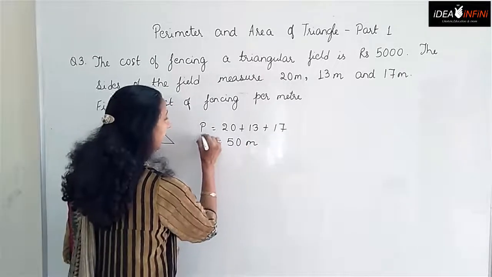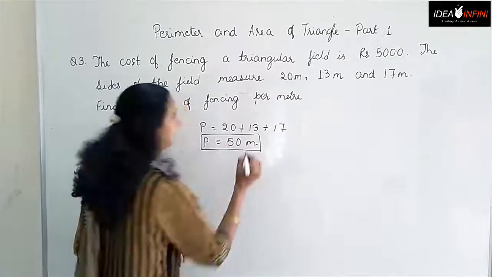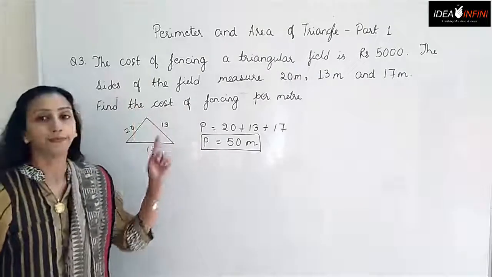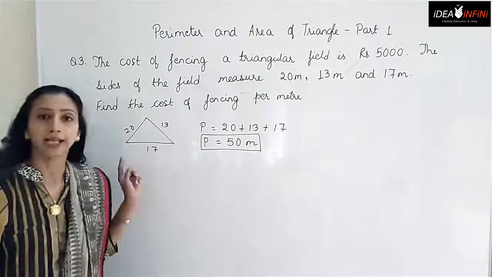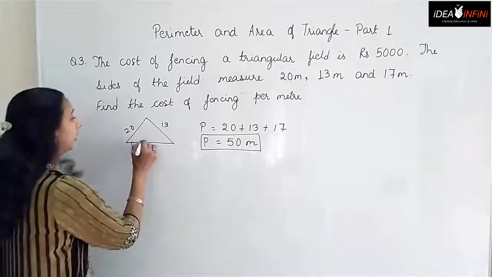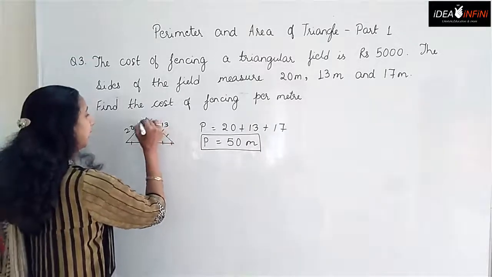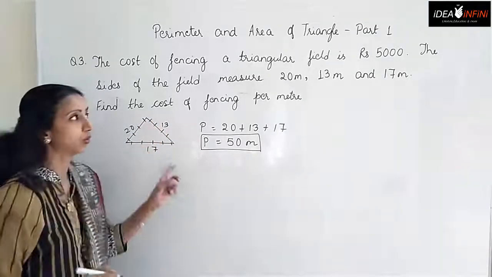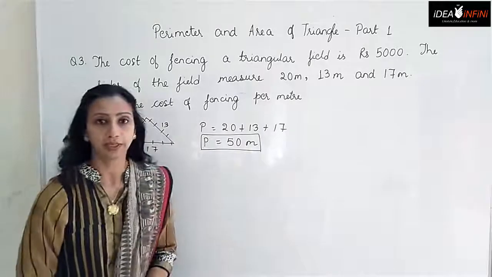This is the perimeter. Now, the cost of fencing is always done on the boundary. So here on the boundary, a fence is put on all three sides and the total cost comes to be rupees 5,000.